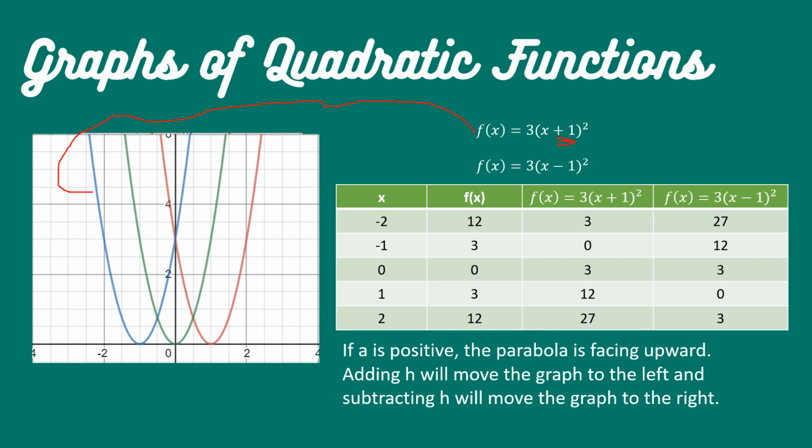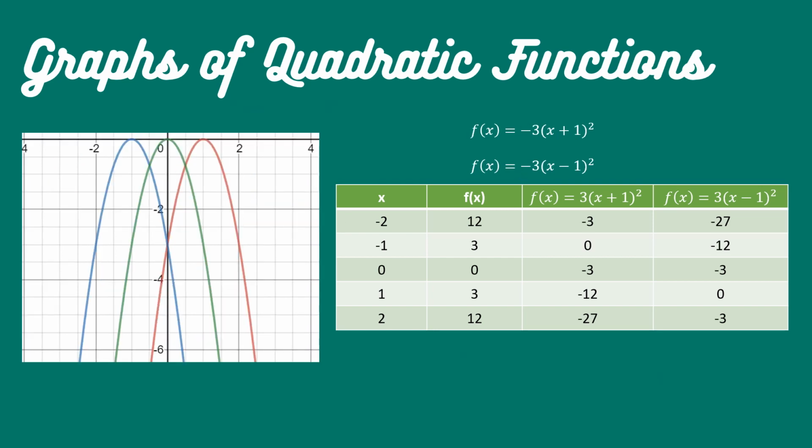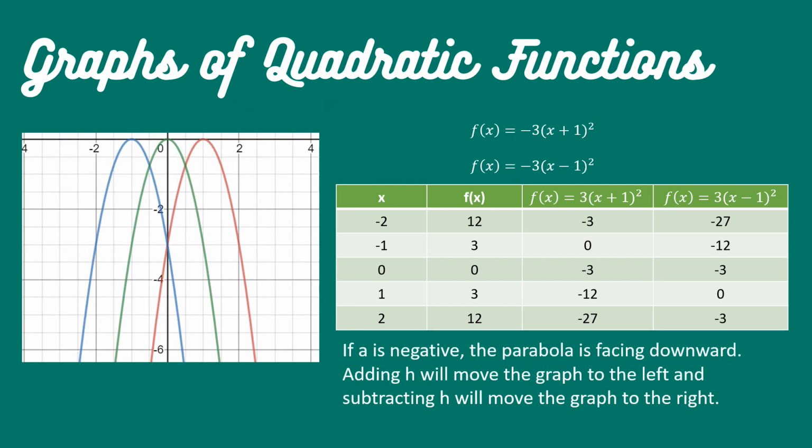So this is the blue line. At kapag nag-subtract tayo ng h, pakanan po tayo. Same logic with the negative. Adding h will move the graph to the left and subtracting h will move the graph to the right.